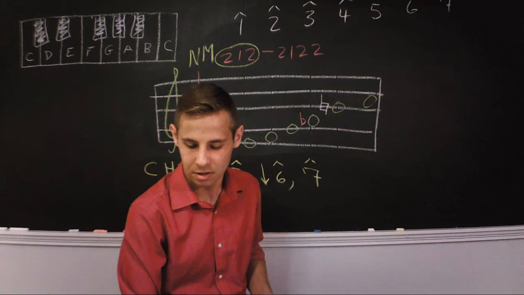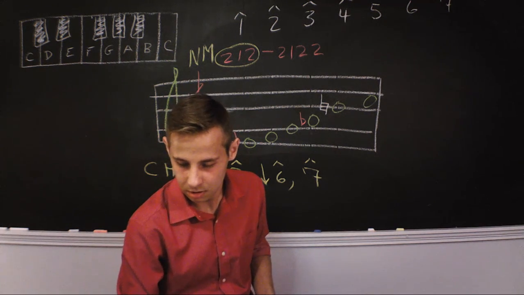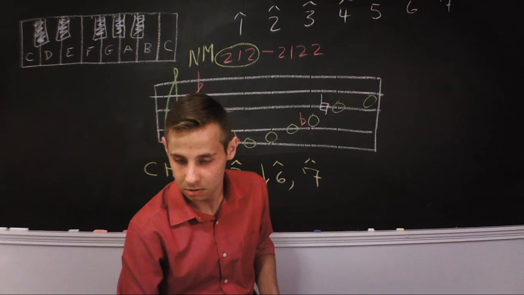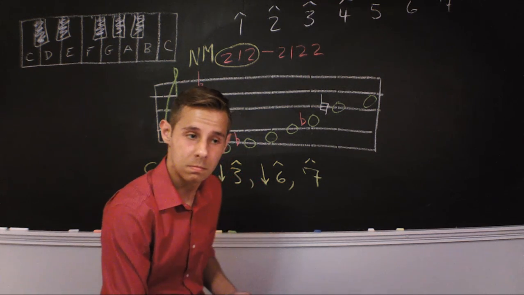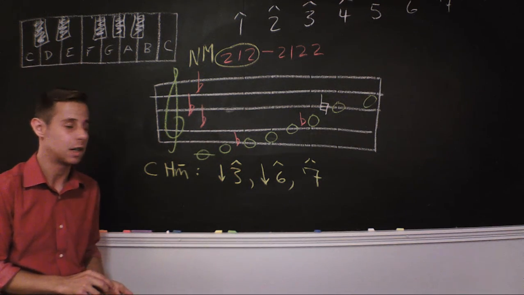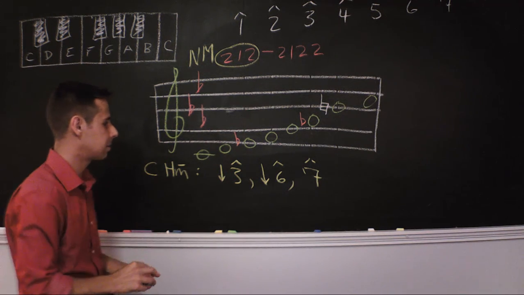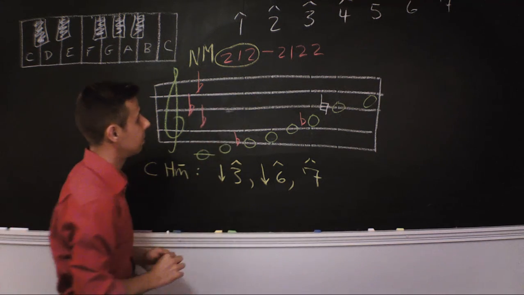That sort of pull by the leading tone there. Very cool sound, very unique, and you know it when you hear it. So that's harmonic minor, and let's figure out the formula for it.